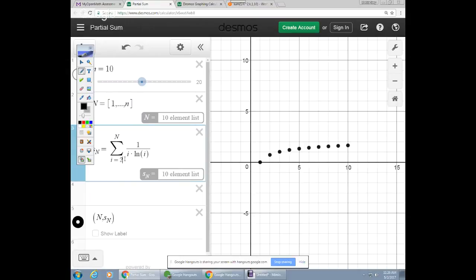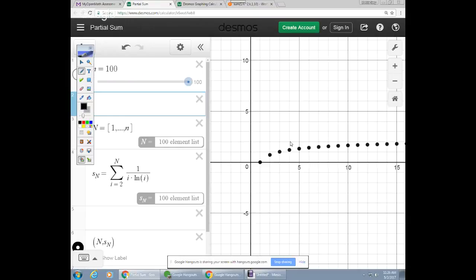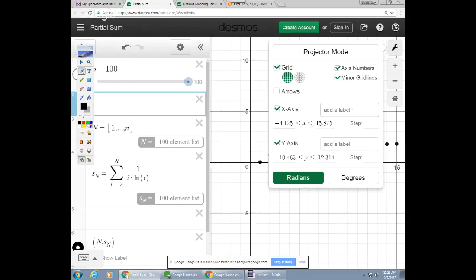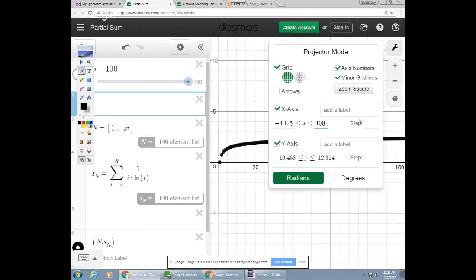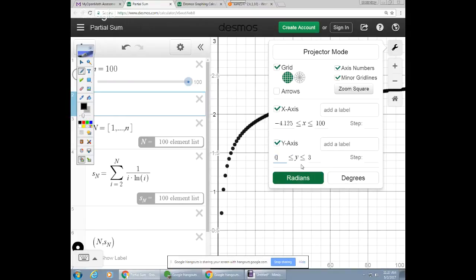So, ooh, there she is. Okay. And we could then bring it out a little bit. We could even go out even farther, like 100. And then we can change our scale and see where we're at. Let's see, X, take it out to 100. Ooh, 100. And then let's see, it looks like it's somewhere under 3 perhaps. And maybe 0.